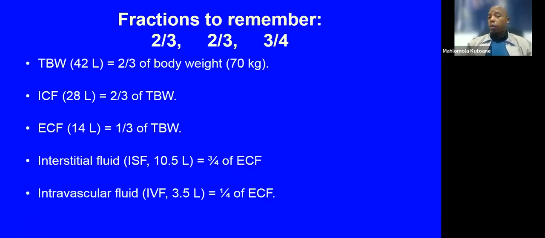So the fractions of this fluid that we need to remember, particularly if you are taking a reference person, being an 70 kg male: the total body water is 42 liters.